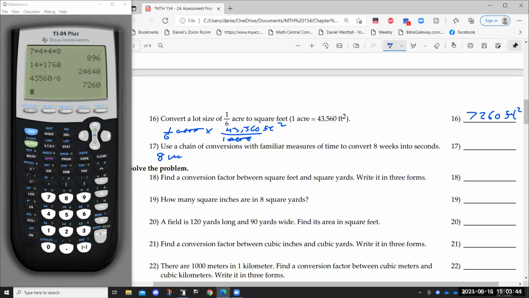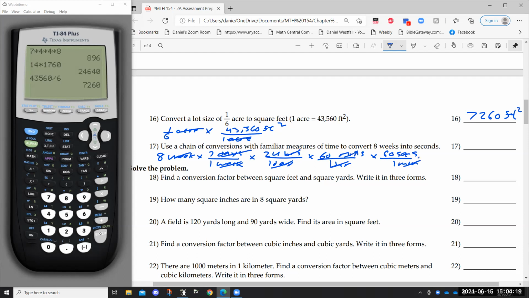Use a chain of conversions with familiar measures to convert 8 weeks into seconds. So 8 weeks times 7 days in 1 week times 24 hours in 1 day times 60 minutes in 1 hour times 60 seconds in 1 minute.